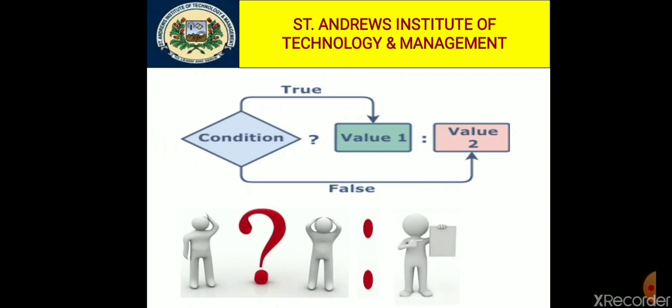If the value of the condition is true, then value 1 is evaluated and becomes the value of the variable. Otherwise value 2 is evaluated and its value becomes the value of the variable. That means if the condition is true, then value 1 is printed. If the condition is false, then value 2 is printed.